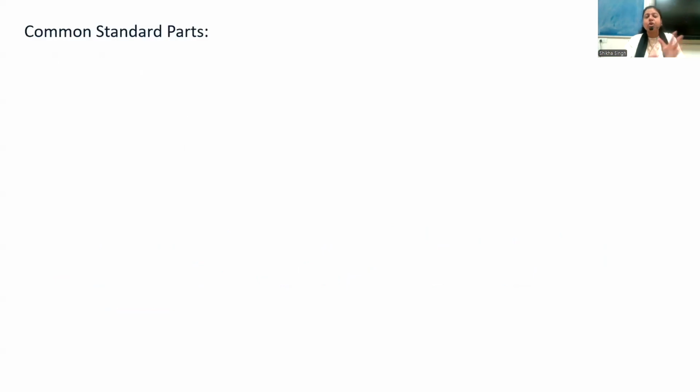So I'll show you some examples of standard parts. Standard parts is a common term in most factories, especially in the manufacturing units, where these parts have been categorized as standard parts, and it doesn't matter which product you are manufacturing or which particular module or segment you are manufacturing, you may utilize these particular parts anywhere, right?